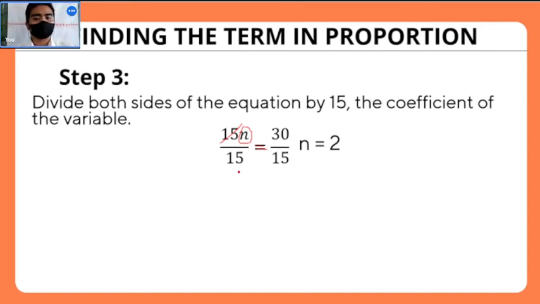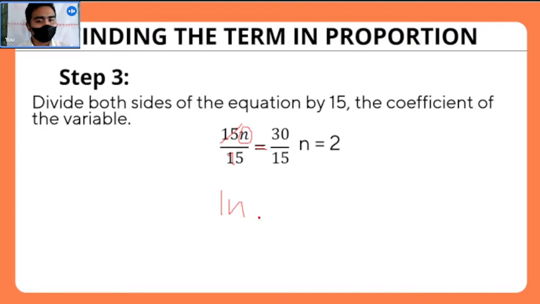So we divide both sides by 15 in order for it to be cancelled. 15 divided by 15, what would be the answer? The answer is 1. Now, if we have 1, it will become 1n.